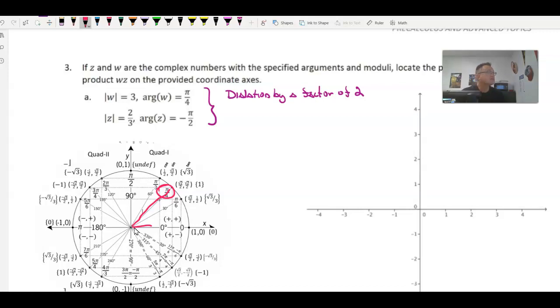Okay, so let's see. Length is 3. So whatever this length is right here, the line that you draw is the same length as that, but it's going at a 45-degree angle. This side and that length are the same. They're both 3. So I'm going to say W is something like that.